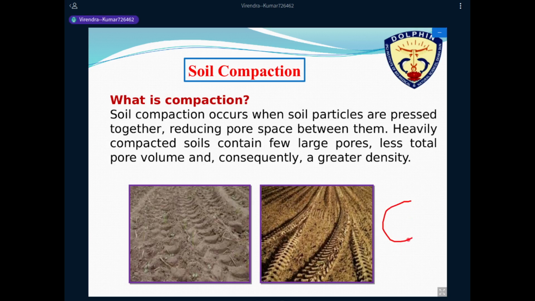So suppose this is the soil particles, half is solid and half is pore space, and in this half pore space, half is filled with water and half with air.